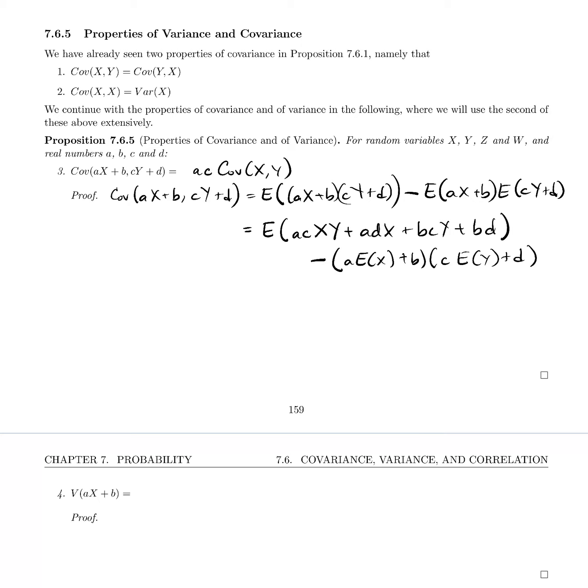Now, the first part we can use the properties of the expected value again to split this up over the addition and bring out the constants.